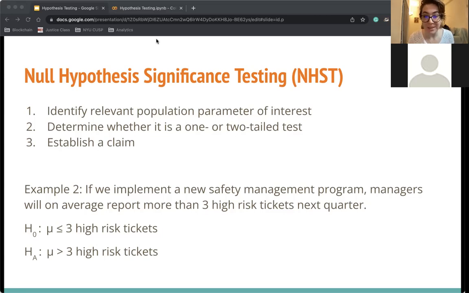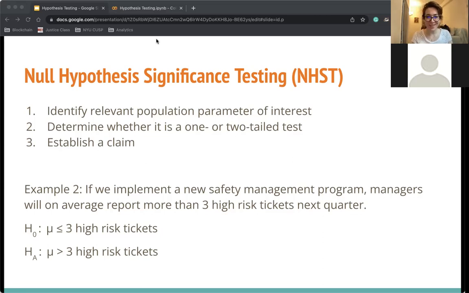But if this program did have some type of effect, we would expect to see more than 3 high-risk ticket events reported as a result of this new safety management program being introduced. So if we have like 2 high-risk tickets, then it's null. If we have 8, then it's the alternative.